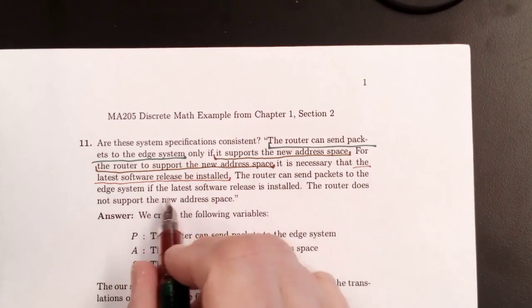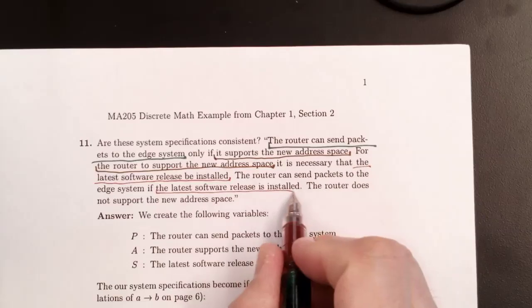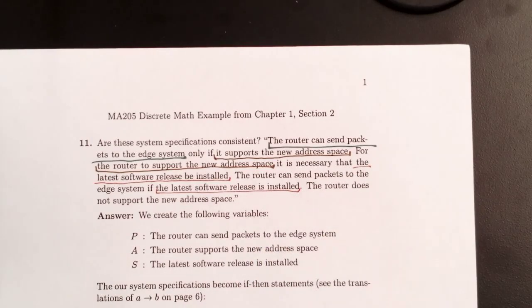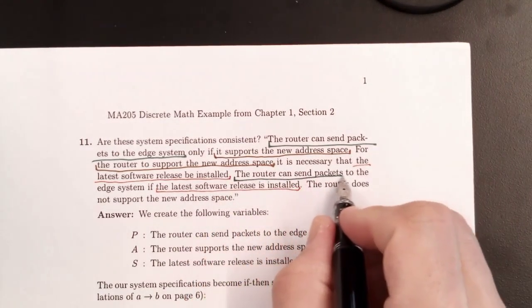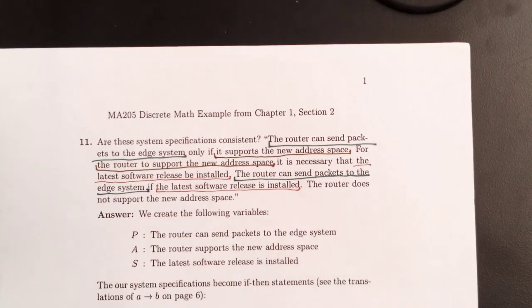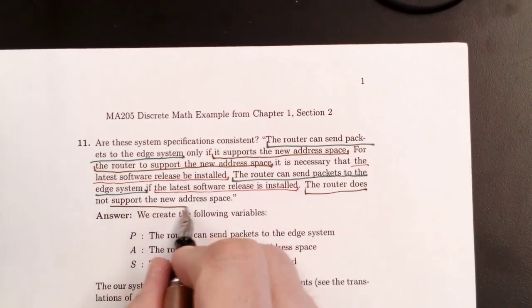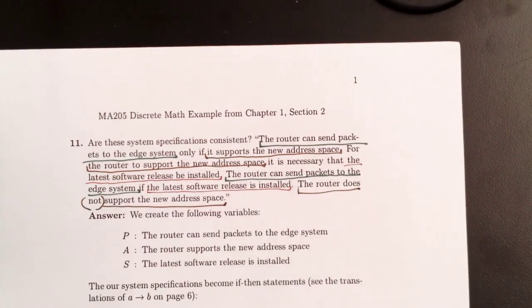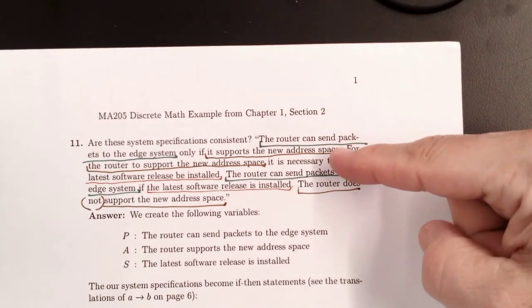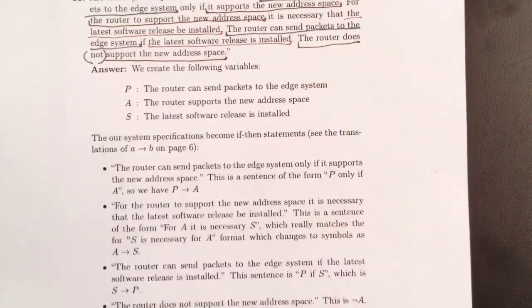The router can send packets, if the latest software is installed, there's the same one again. See, I'm color coding them just like you want to. The router can send packets to the edge system. That's this one. Click. And then the router does not support the new address space. That's this color. And I left out the word not from the sentence, because up here I used it positively. So down here, that's why the negation shows up there.